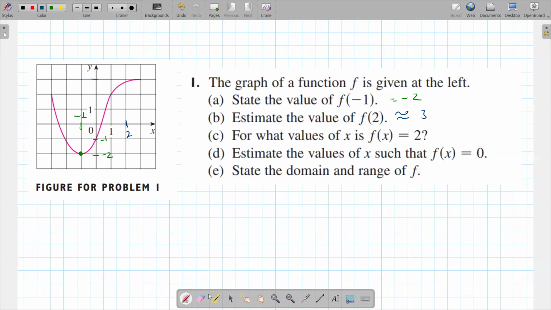Part C. Estimate the values for when f of x equals 2. What about now? What is it asking us?